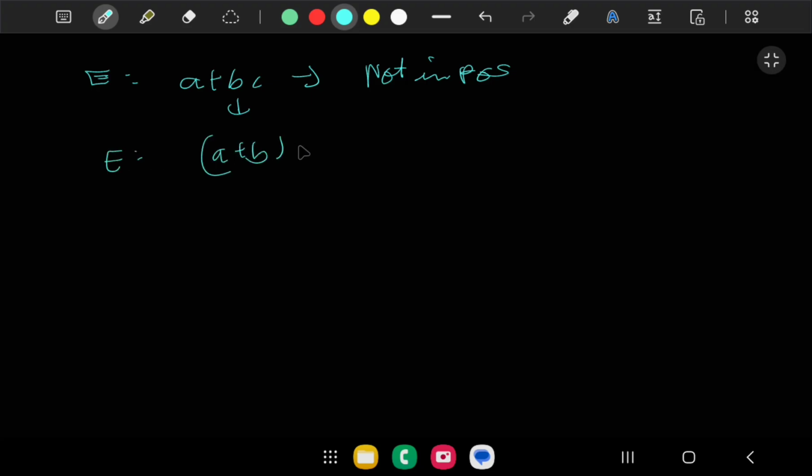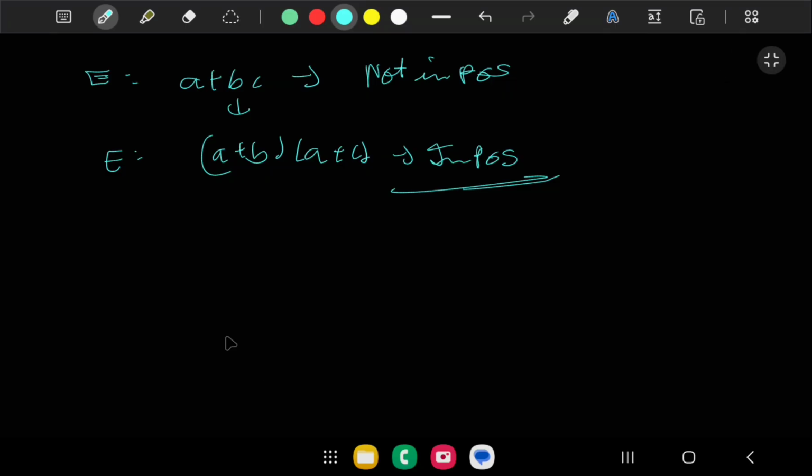For example, this is not in POS, right? But this form over here is in POS.